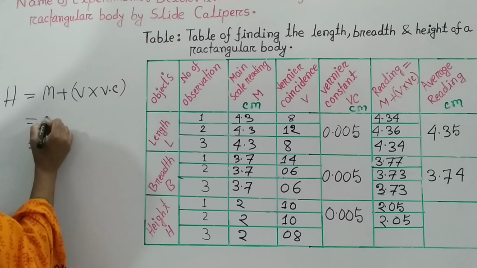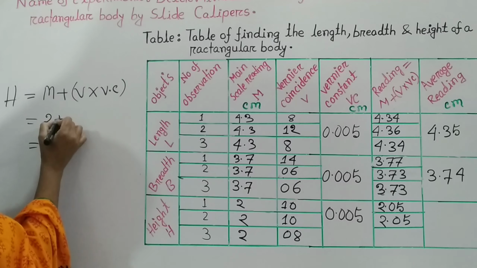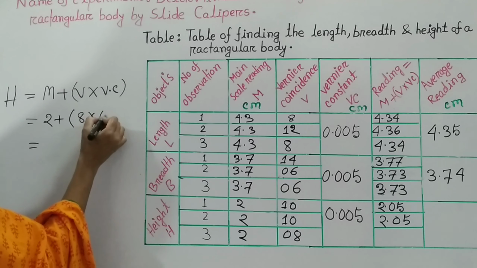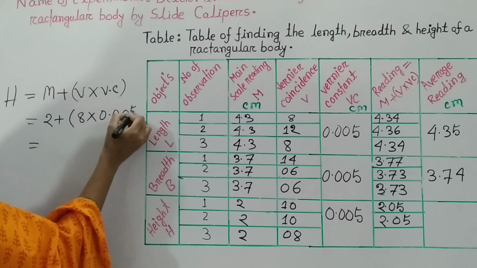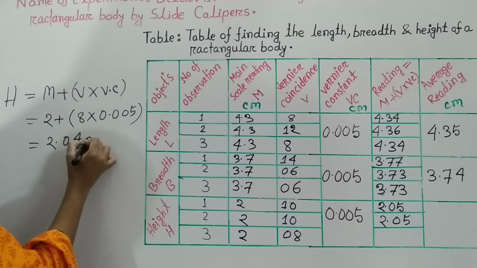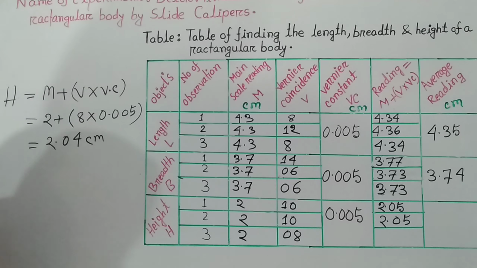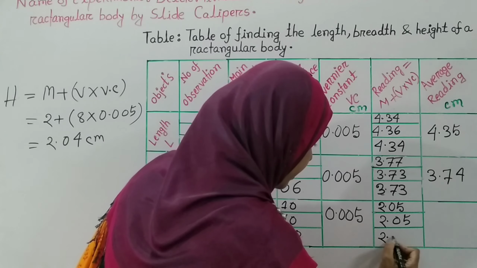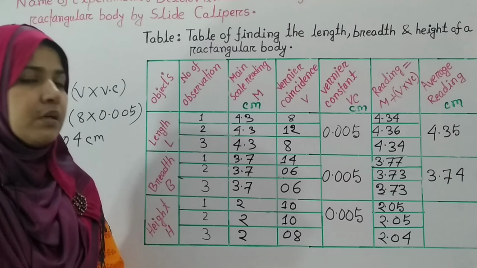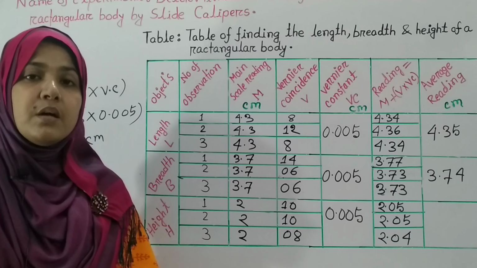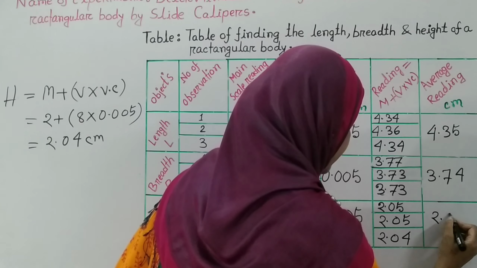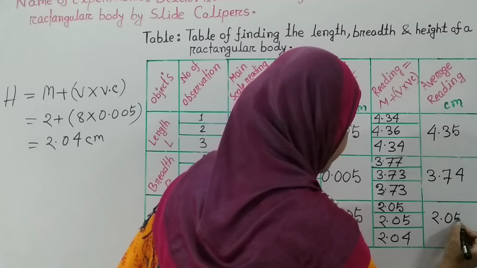Now the value of the height will be 2.04 centimeter. Now it's time to take the average value, which is 2.05.